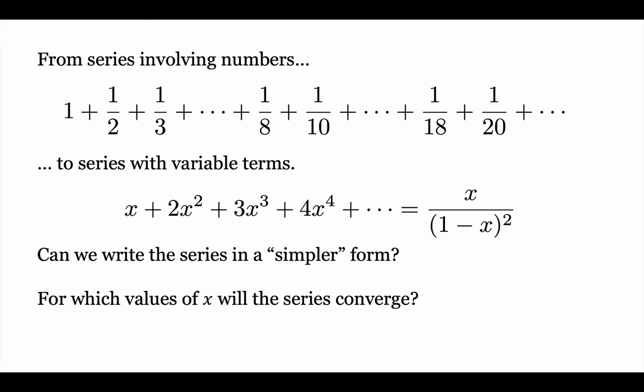Maybe it's only equal to a simpler form when x is maybe between negative 10 and 10 or something like that. And if somebody tries to tell you that 1 plus 2 plus 3 plus 4 plus 5 plus 6 or something like that is equal to something, in particular if they try to tell you it's equal to negative 1/12, do not believe them.